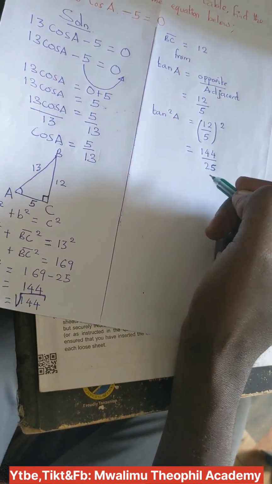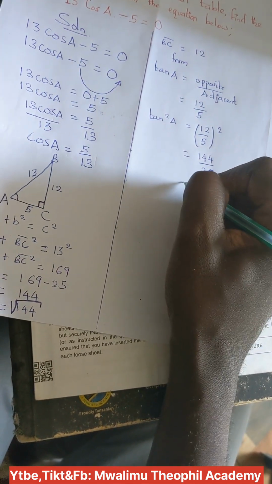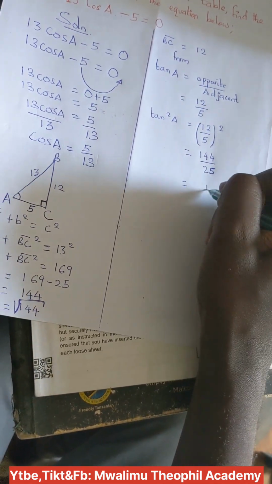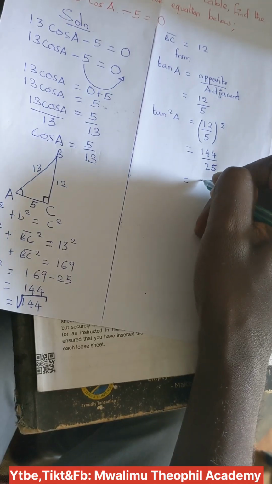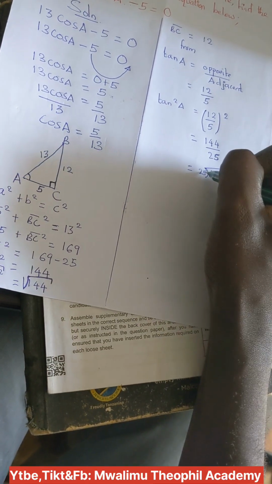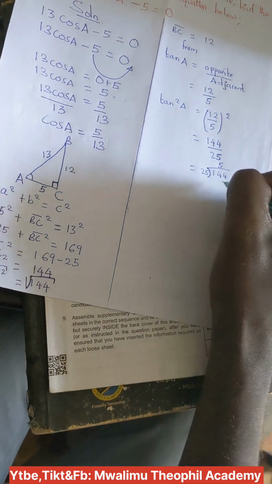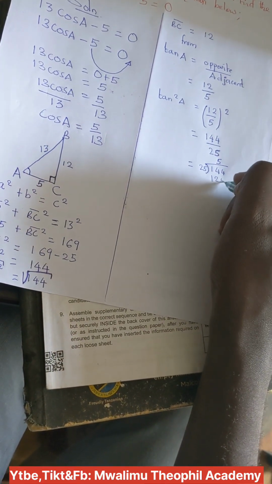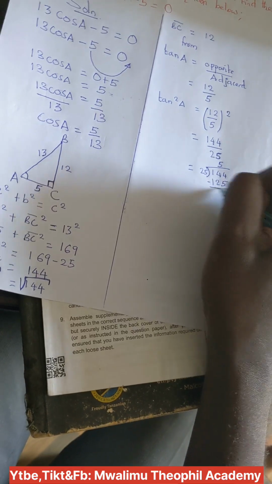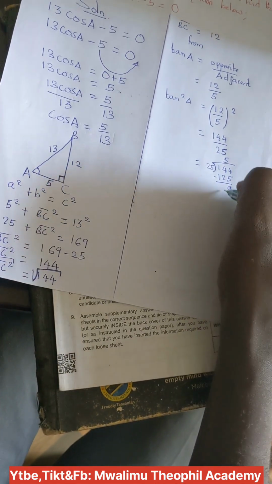If we write this fraction as a mixed number, we have 144 divided by 25. Now 25 into 144, 5 times is 125. We subtract, and here we are left with 19.